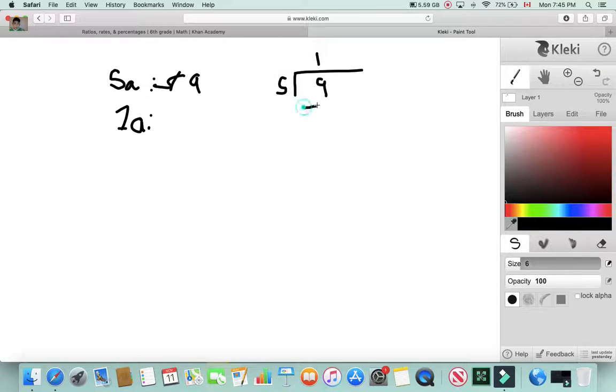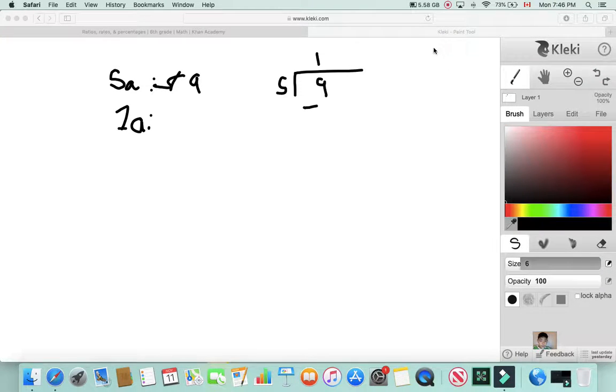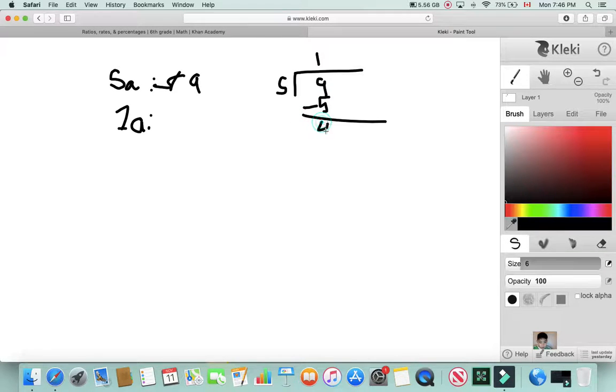It goes in once. So 5 minus that is... Okay, so that takes out the 5. We get the 4. We get the 0.